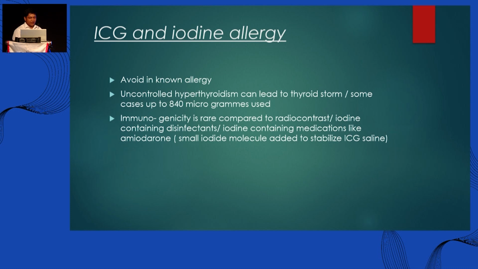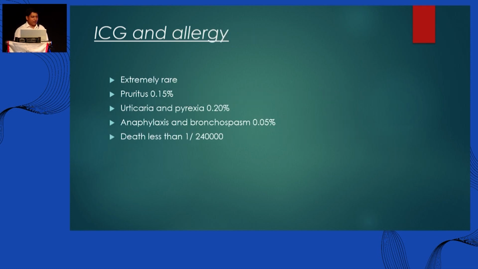The one thing about fluorescein and ICG, we always talk about pregnancy as a contraindication, but there aren't big side effects as far as pregnancy is concerned, but it's always mentioned as a contraindication. When you talk about allergies, they are very rare with ICG compared to fluorescein.